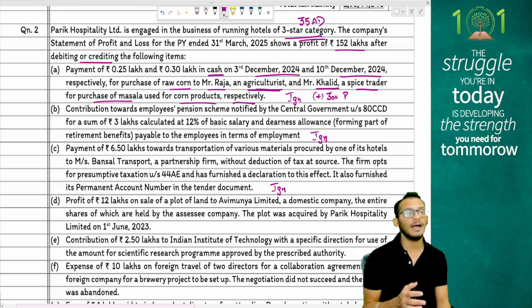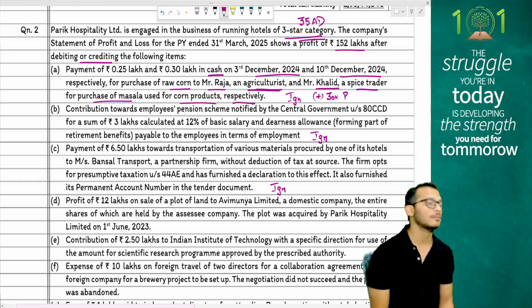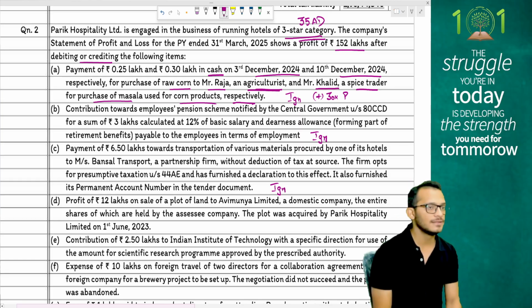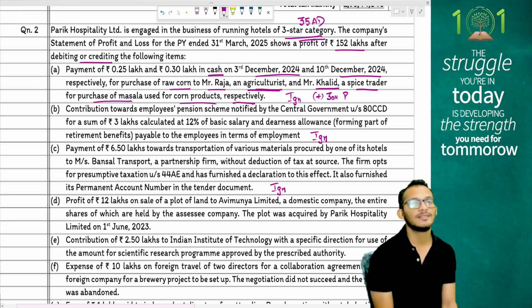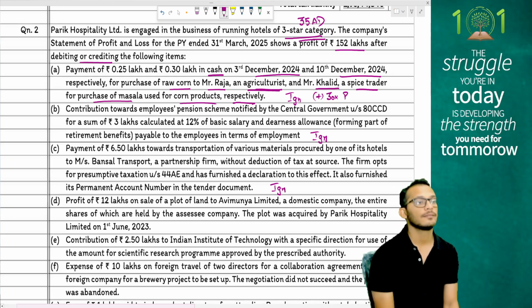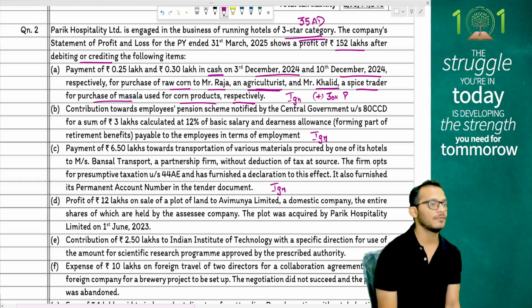Notice carefully, people, I have made a profit from land, which means the profit I made is capital gains. Now, if you remember capital gains, people, there is a section called section 47, which says transactions with a wholly owned subsidiary are not regarded as transfer and therefore are exempt from capital gains.